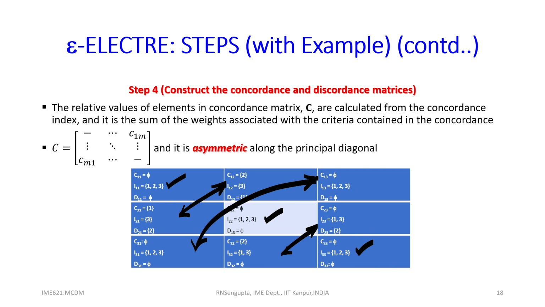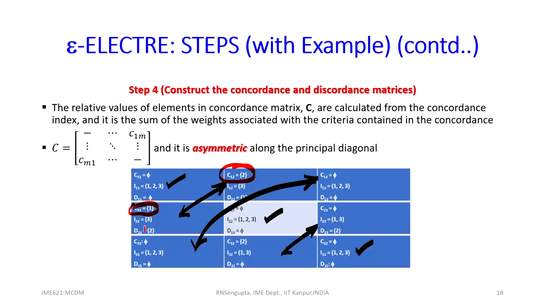Few important differences, I will mark them in red. C21 and C12, when I compare, it is 1 and 2 elements which are different, obviously they are asymmetric. When I consider D21 and D12, it is 2 1, 2 1 means element being 2 1.